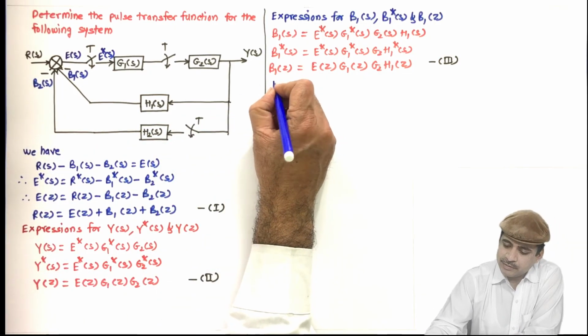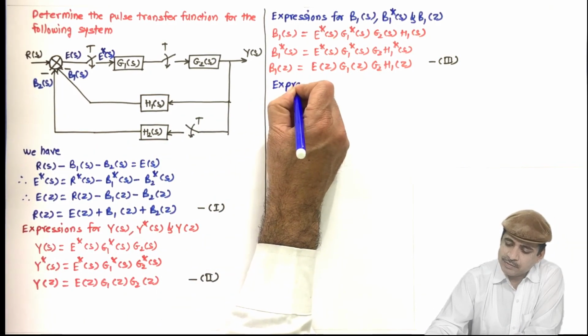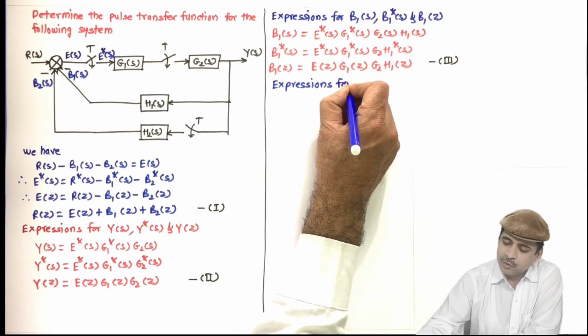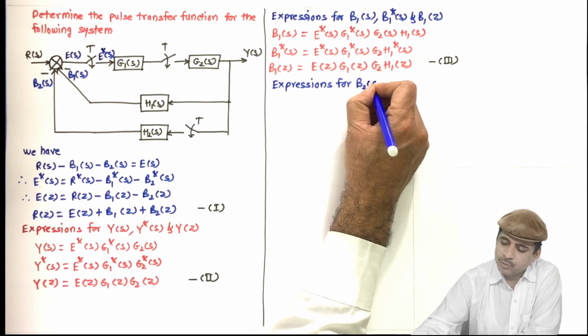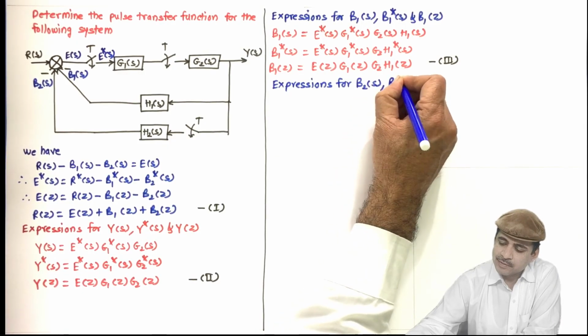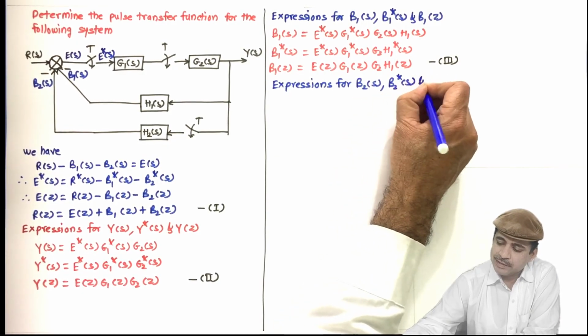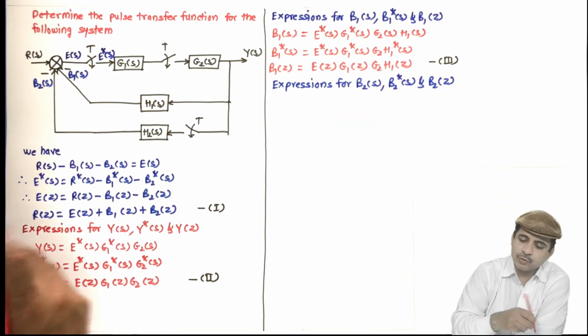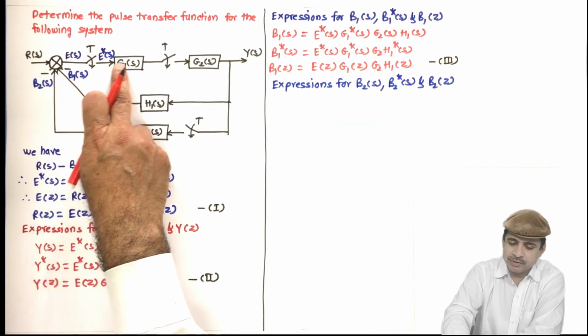The next is expressions for B2 of S, B2 star S and B2 of Z. So what is B2 of S? Start with this.